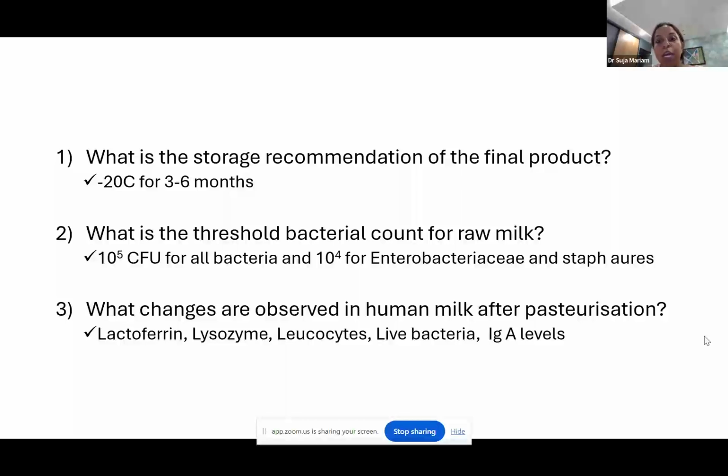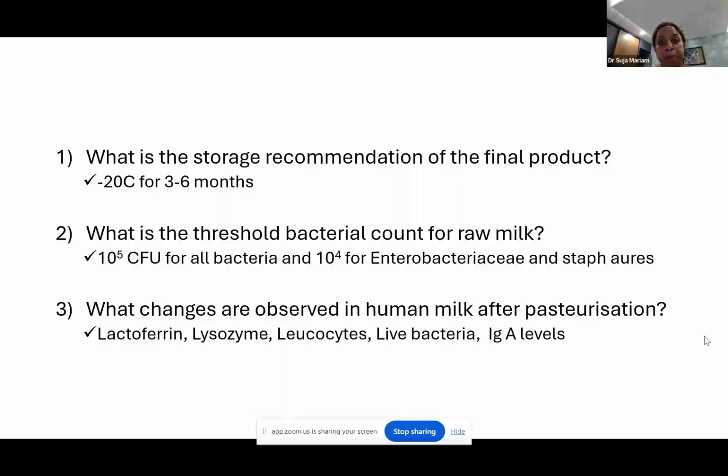If you are storing it in a separate freezer, a double door freezer that you don't open for anything else, but it is a horizontal freezer, then you can store it for 3 to 6 months. The 6 to 12 months comes only when you have a separate vertical freezer. This is because the change in temperature with each opening and closing is very little in a vertical chamber refrigerator. That is why different policies give different timelines.